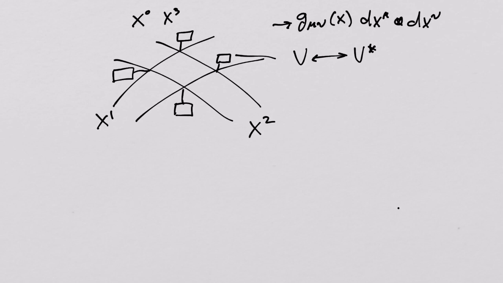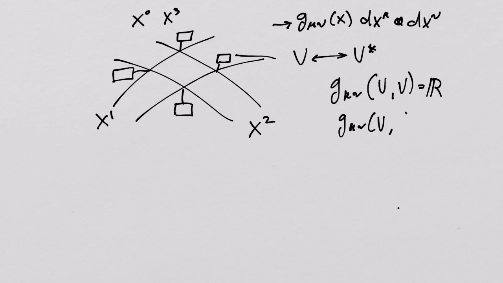It's a map that takes vectors and gives vectors. So g mu nu is looking for two vectors, and will ultimately give you a real number. If you put in one vector, it's now waiting for a vector to give you a real number.